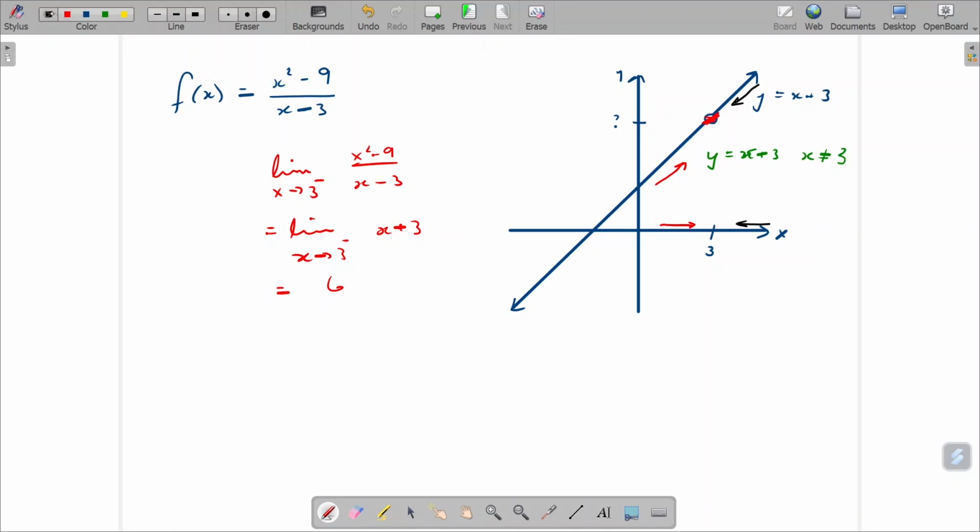If I was to repeat this, looking at it from the right-hand side, you would see that I'd factorize and cancel.